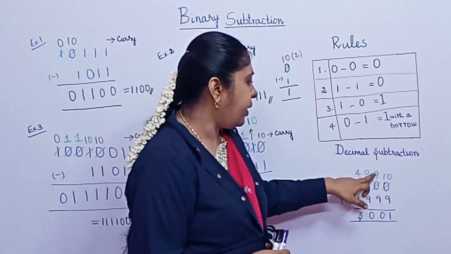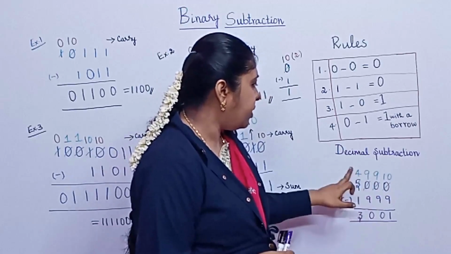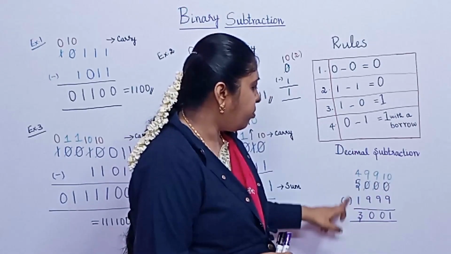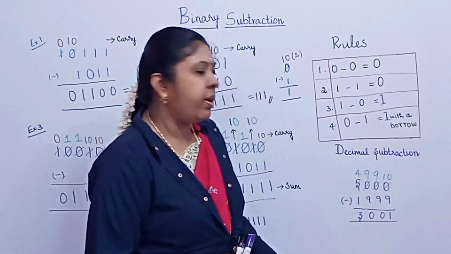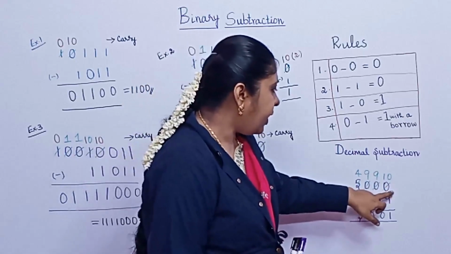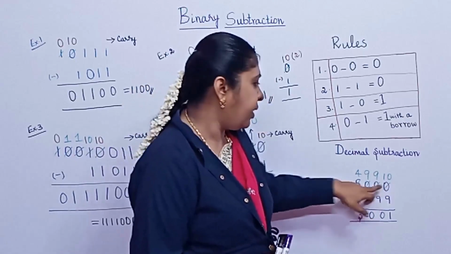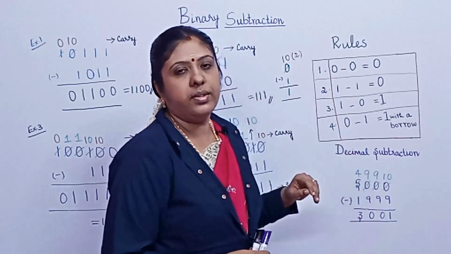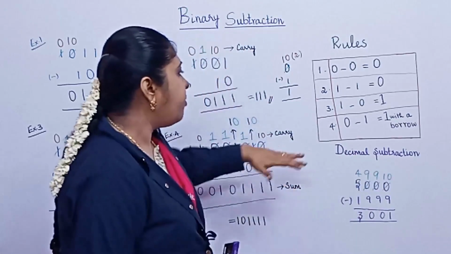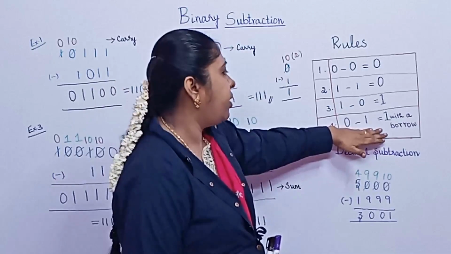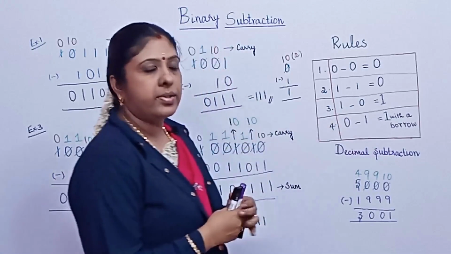This 0 becomes 9. Again 9 minus 0, 9 minus 0. And then 5 becomes 4, 4 minus 1, 3. There is no need to explain more in this example. Just remember: the borrowing digit is 10 and the passing digit is 9.